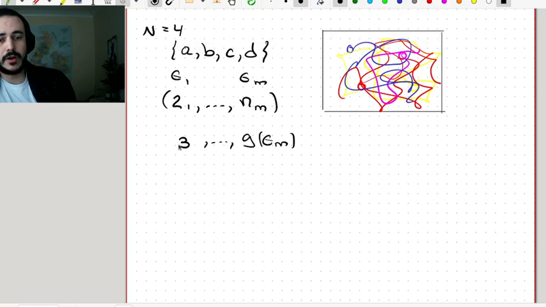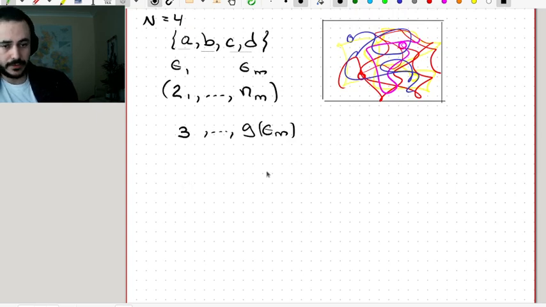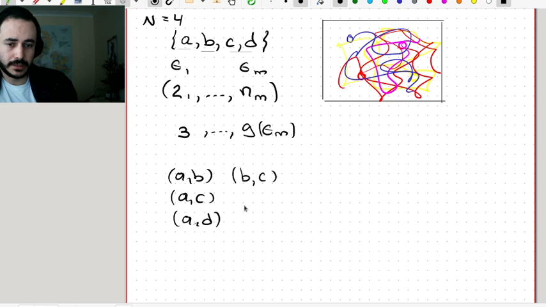So how many ways do I have to pick 2 particles out of this set of 4? Because there are only 4, you can do it by hand. AB is one way, AC is another way, AD is another way, BC is another way, BD is another way, and CD is another way. There are no other ways.